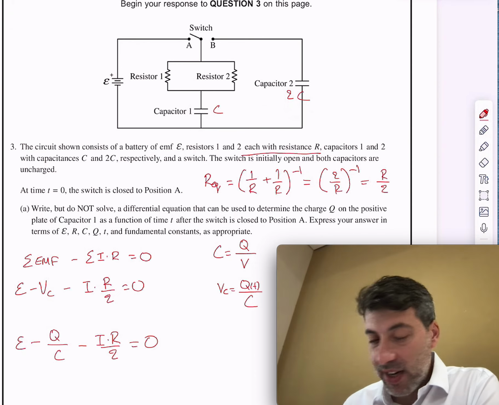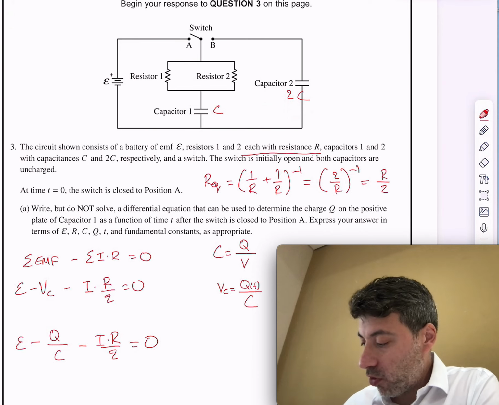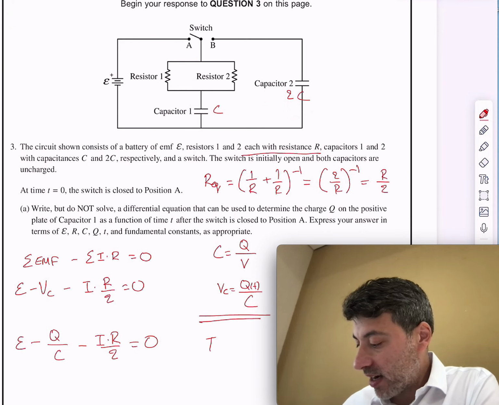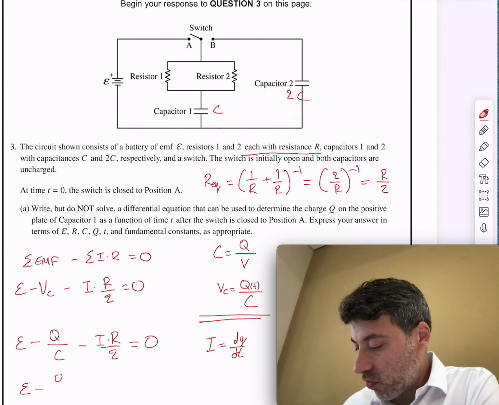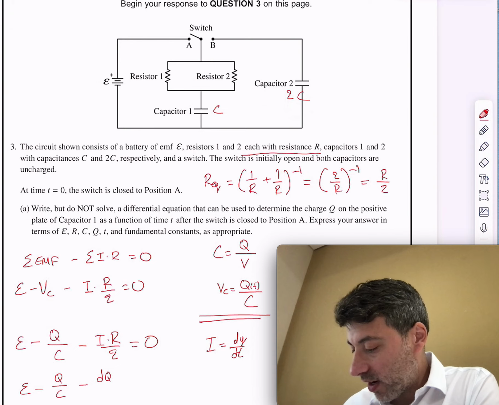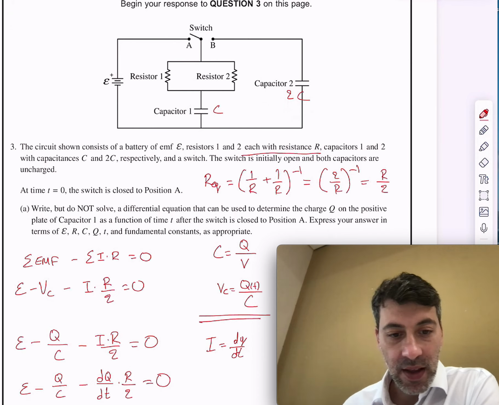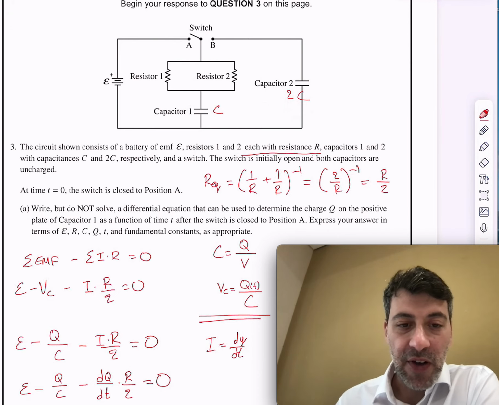But we need a differential equation, so we bring in that the current is equal to dQ over dt. So the final form of the equation is E minus Q/C minus (dQ/dt)(R/2) equals 0. And this, I believe, will be our final answer.